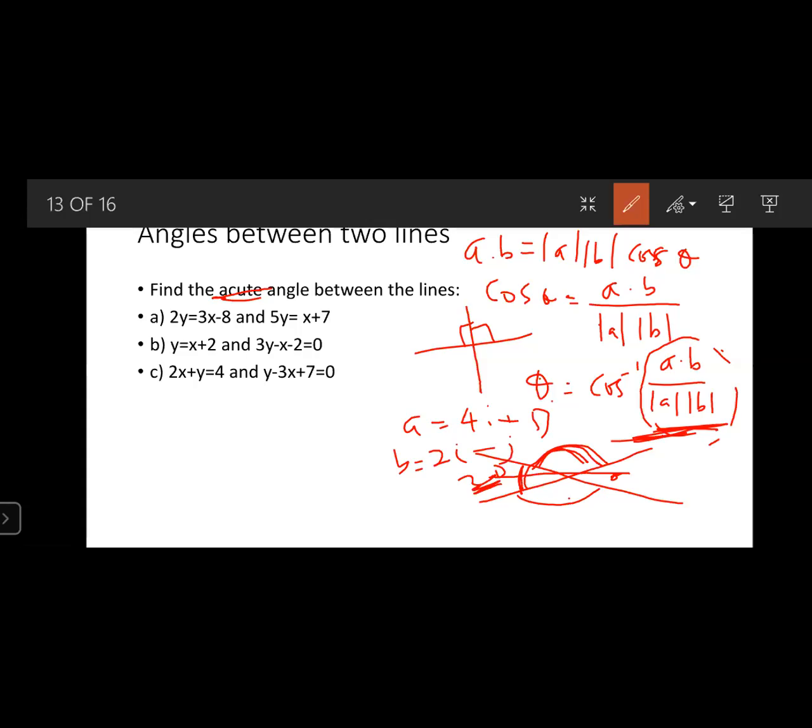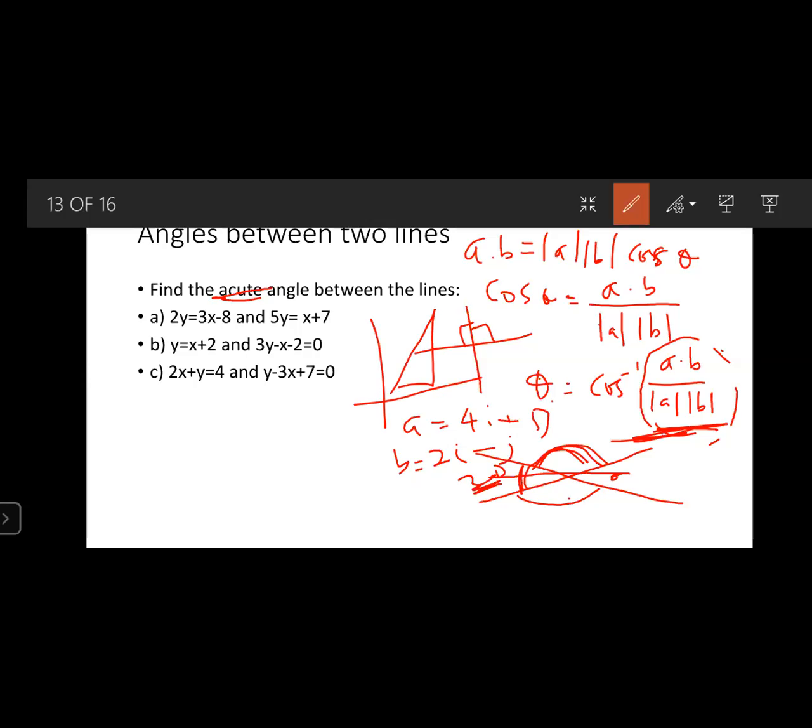But this time around, because we don't know what our A will be, what our B is, we can't just equate it with X and Y. So to approach this one, we are going to use the concept from when we started. I said the angle between two lines is the same thing as what?